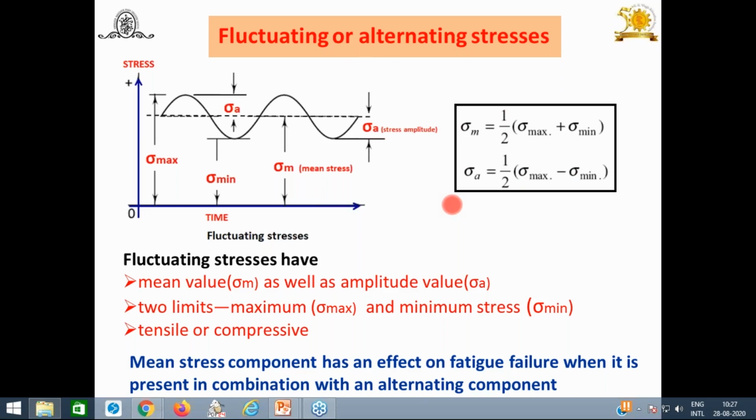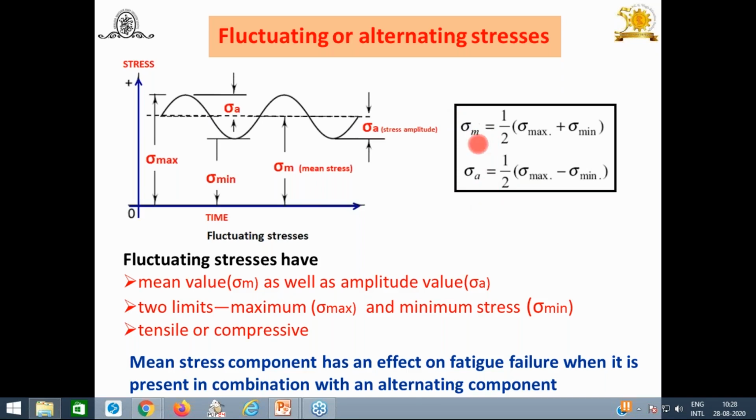Today we are going to see this case, when a component is subjected to fluctuating or alternating stresses, and how to solve such problems. For that purpose, sigma mean and sigma A, these two stresses, play an important role.